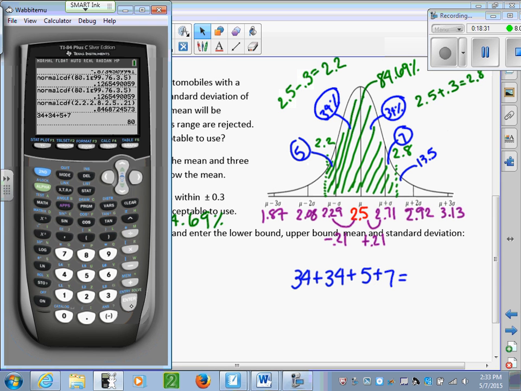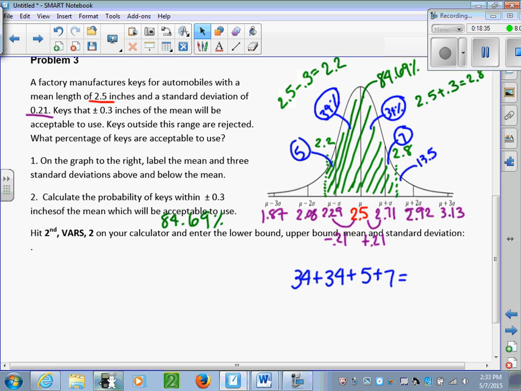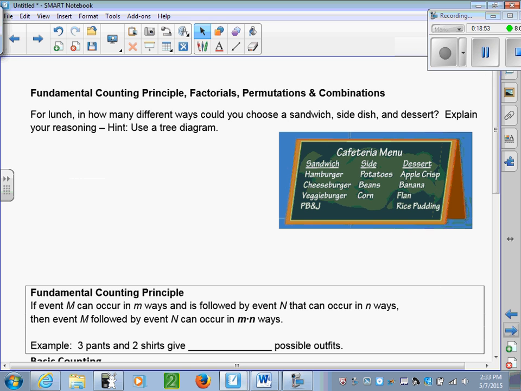So 84.6% seems pretty reasonable. The only way to get the exact answer is to use NormalCDF, but I can use the empirical rule to guesstimate what would be reasonable there. All right, let's move on.